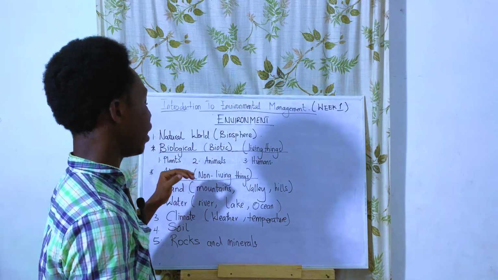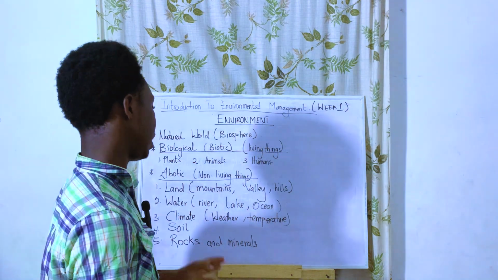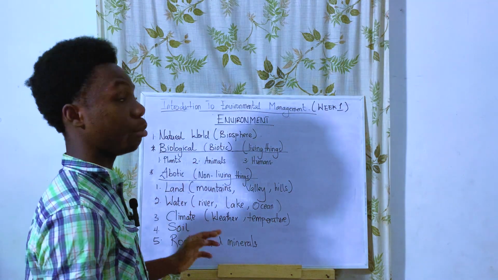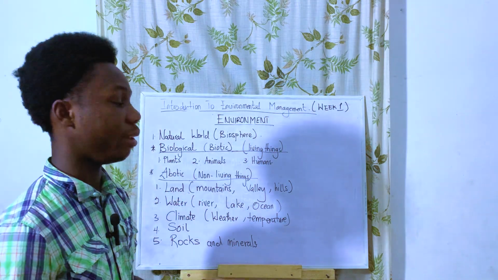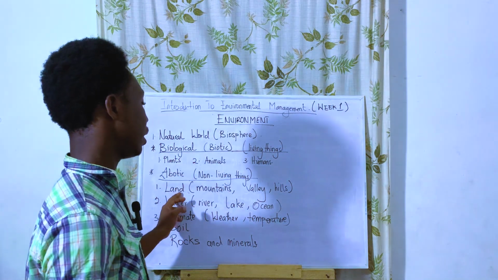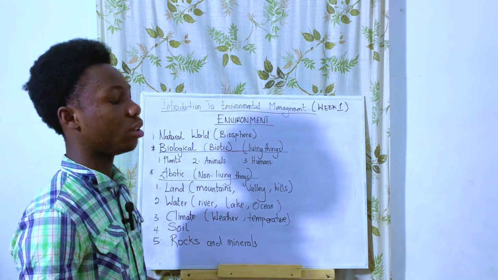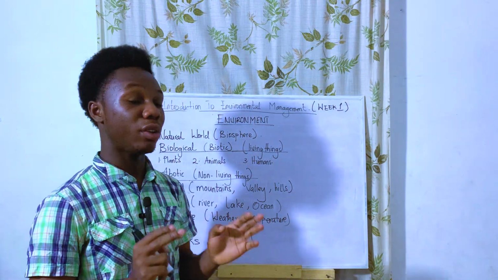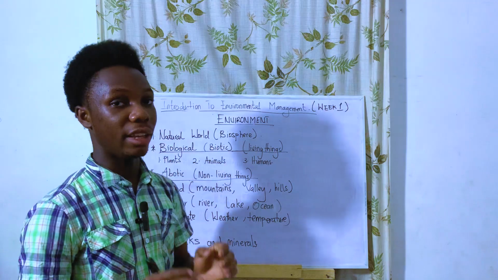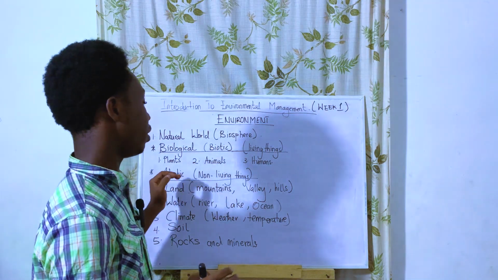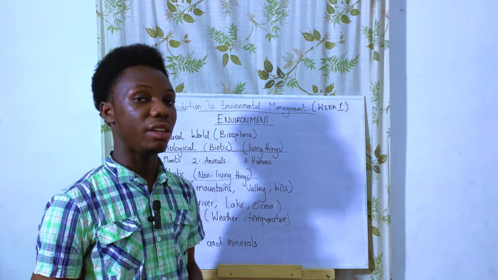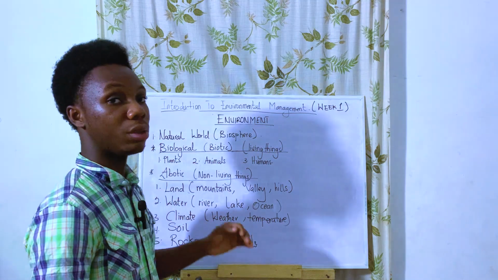And under the abiotic, that is the non-living thing, we have the land, because non-living things cannot breathe. They don't have life. So land, we have water, we have climate, we have soil, rocks, and mineral. So whenever you hear biotic, it means living thing. Whenever you hear abiotic, it means non-living things. So don't be confused with these 2.